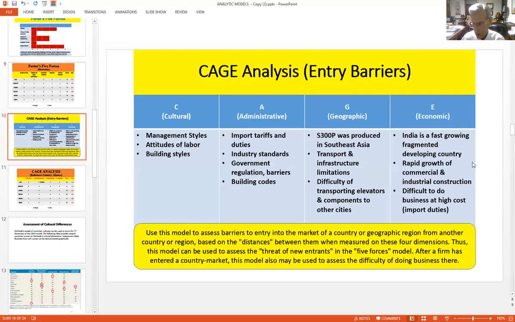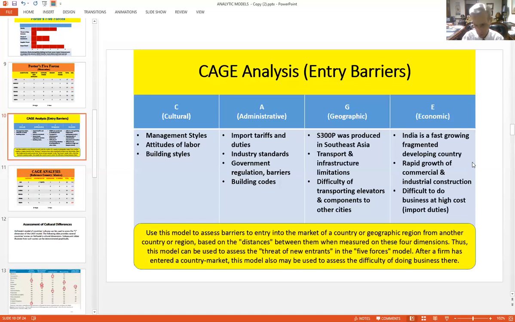And finally, economic differences. I won't get into these points, but rather remind you that consumer products respond quite a lot to economic distances as well as cultural.